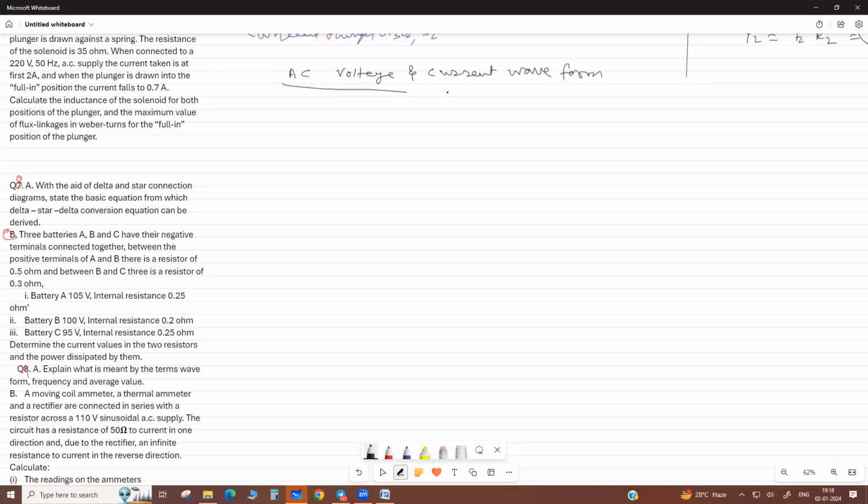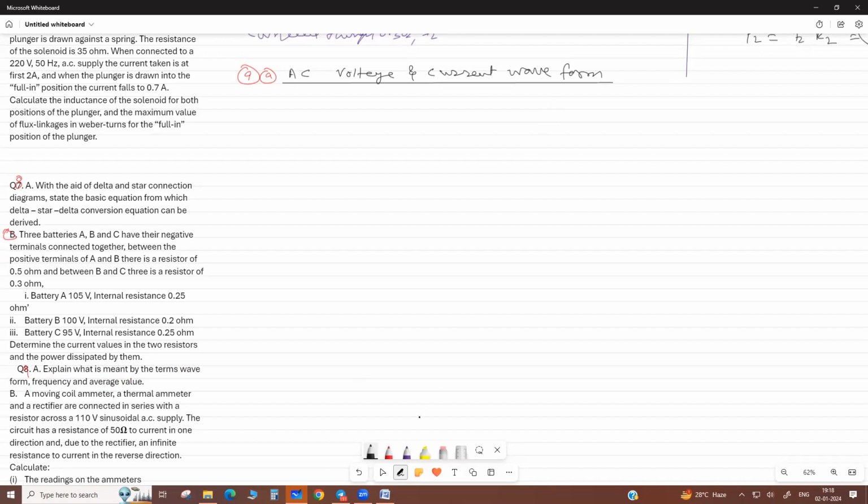So you have to draw. There are also these terms asked: what are the terms of a waveform, frequency, average value, RMS value, peak value, and then the significance of RMS value.